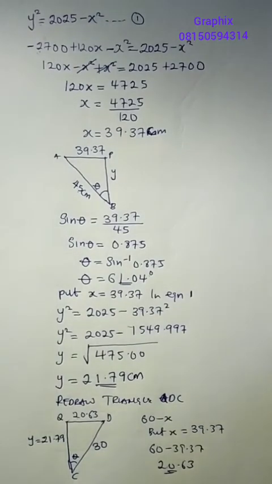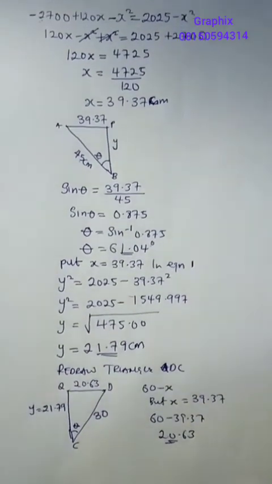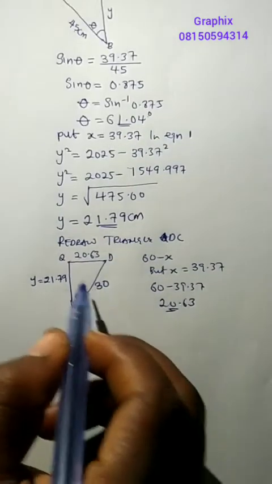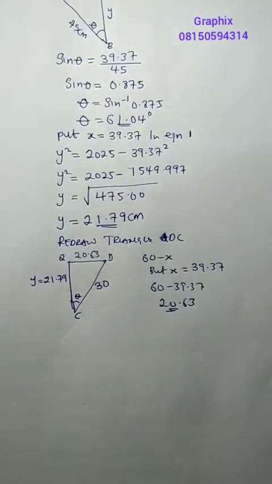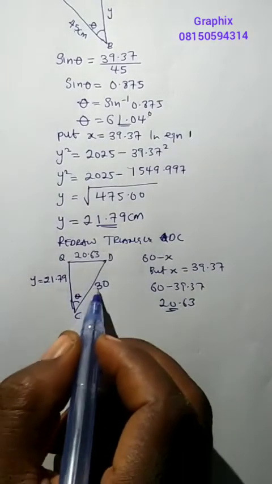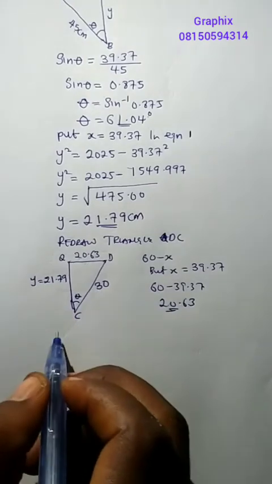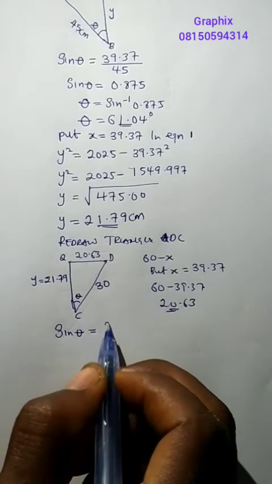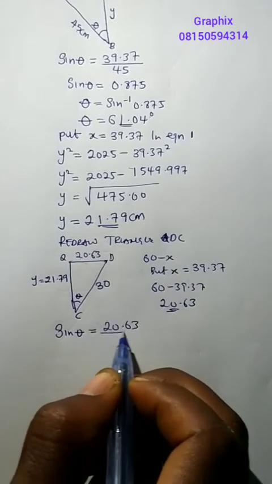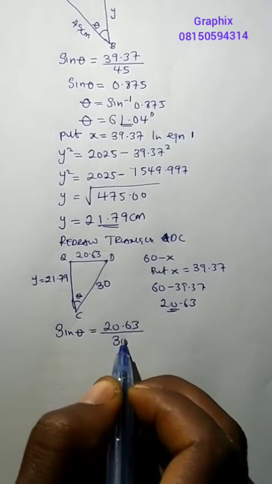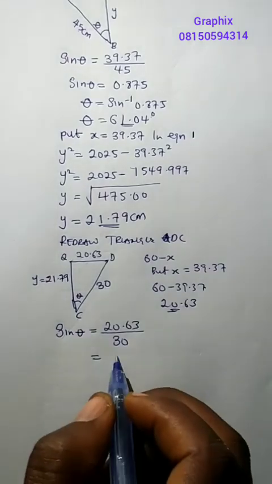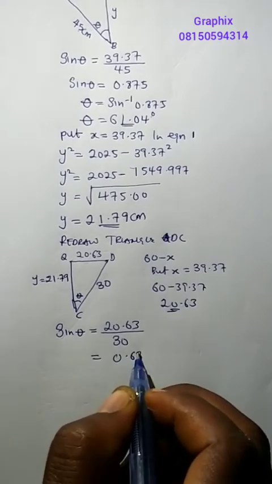So what I will do here also is that I'm moving forward. I want to calculate the angle here. So calculating the angle, this is opposite and this is hypotenuse, so I'll be having sine theta is equals to what? Opposite, which is 20.63 all over hypotenuse, which is 30. So this will now give me 20.63 divided by 30. That will be 0.688.